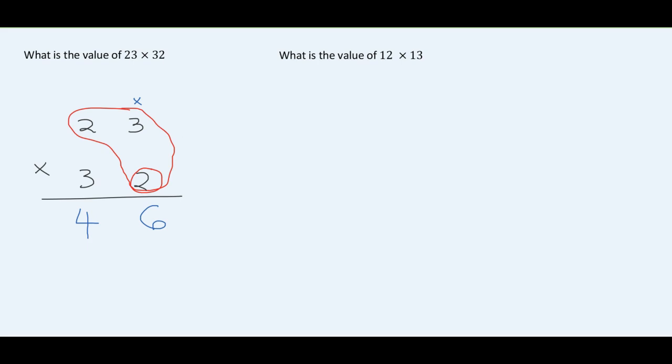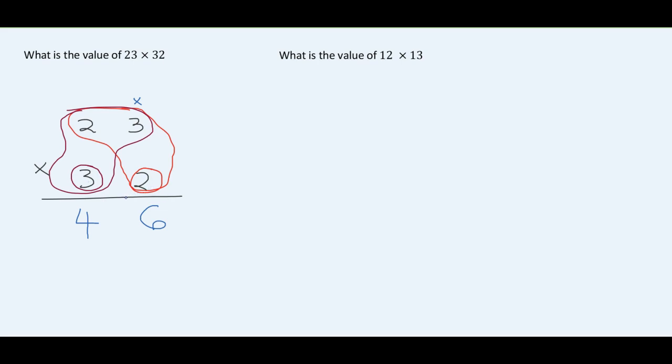The next thing we're going to do is move over to the number on the left hand side in the bottom row, and multiply those together. Now there's one caveat that we need to pay attention to, which is that this 3 in the bottom row is actually in the tens place and 2 is in the ones place.